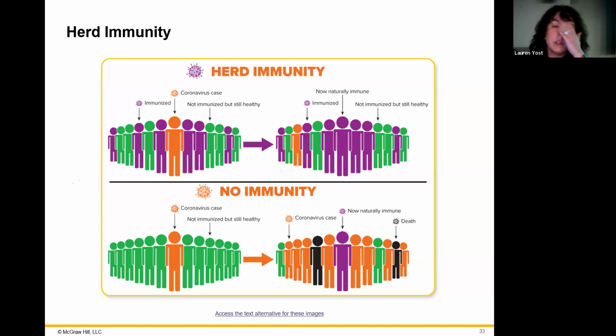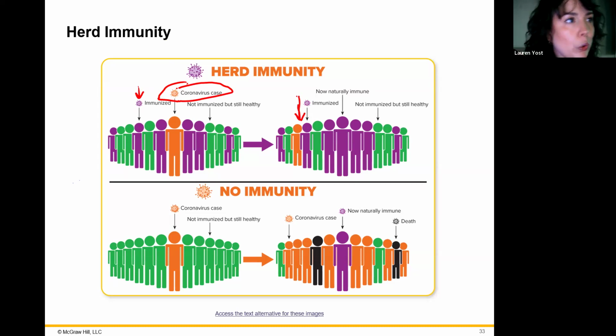So anyways, you see here how this would work. You have somebody who gets corona. These people in purple are either immunized or they have a natural immunity. They survived it and now they can't get it again. So now we see fewer people getting it. Here's somebody that got it, but most of the people are vaccinated, so you can't get to the people who can't get the vaccine or it's not working for them or they're allergic or whatever it is, right?